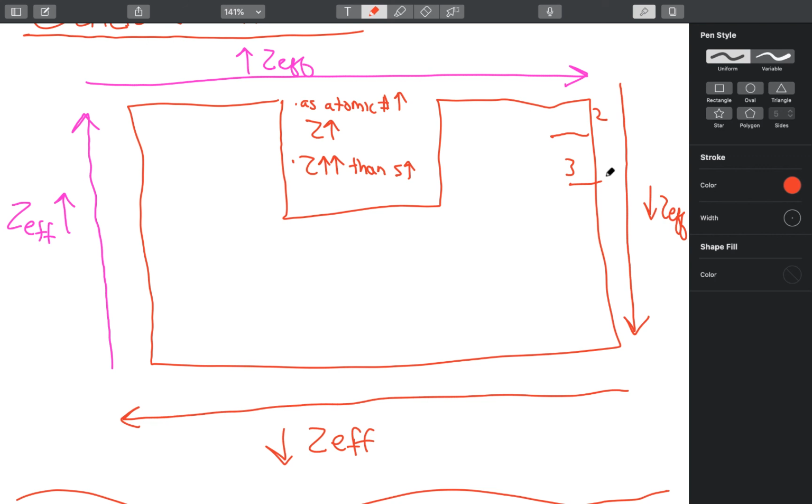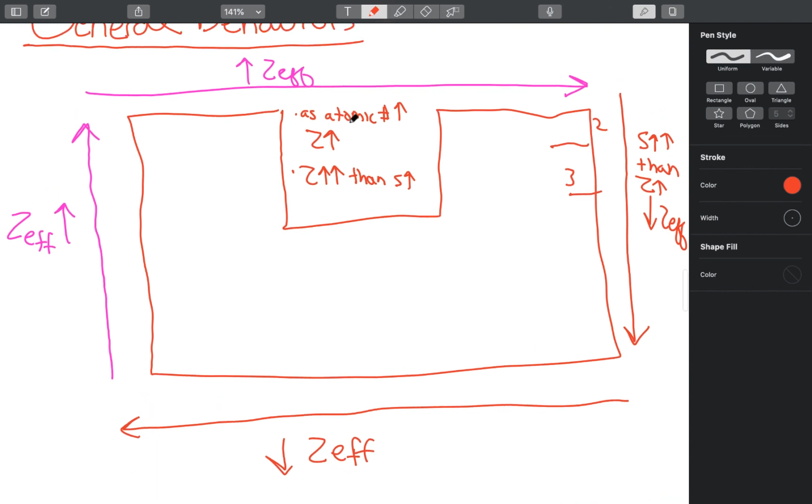So therefore, your shielding or your screening constant increases much more than your nuclear charge. So therefore, Z effective decreases as you go down. And that's because you're adding more and more shells as you go down. However, as you go from left to right, your atomic number increases and your Z effective increases much quicker than your screening. So this is the general trend.